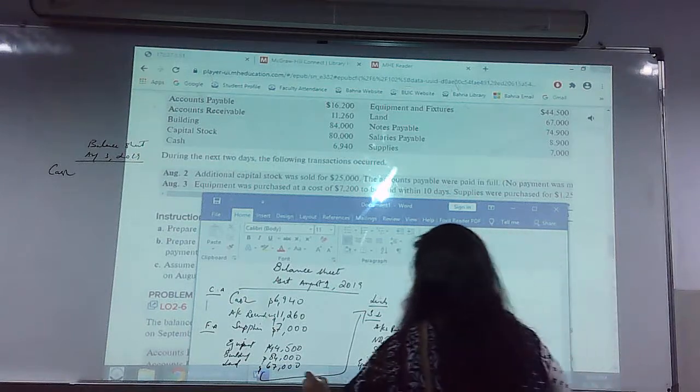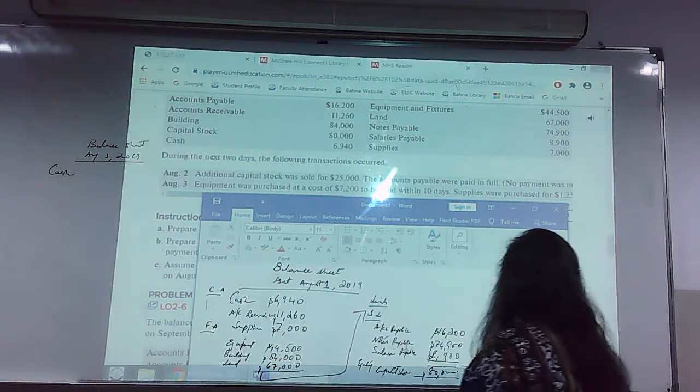Okay, and the assets, you can just simply add them and see whether they are both equal or not.